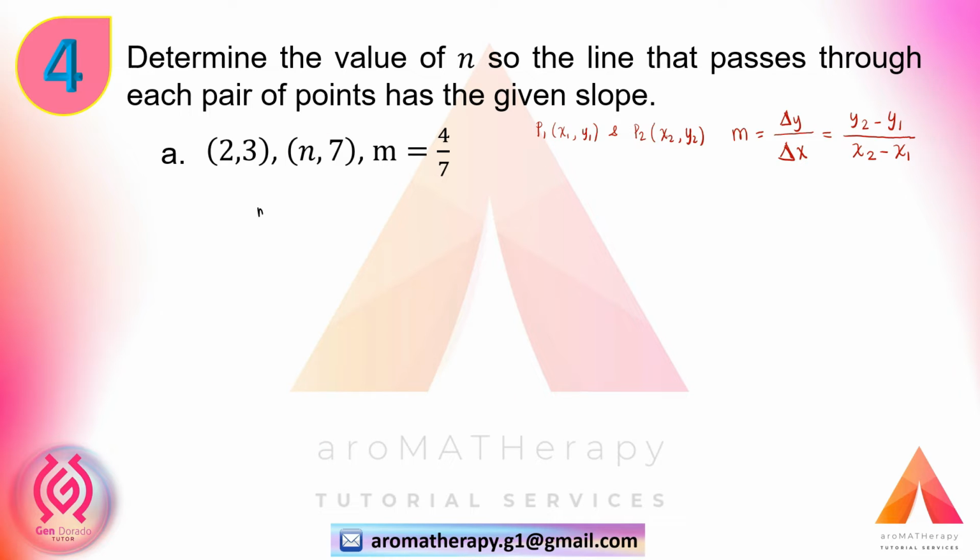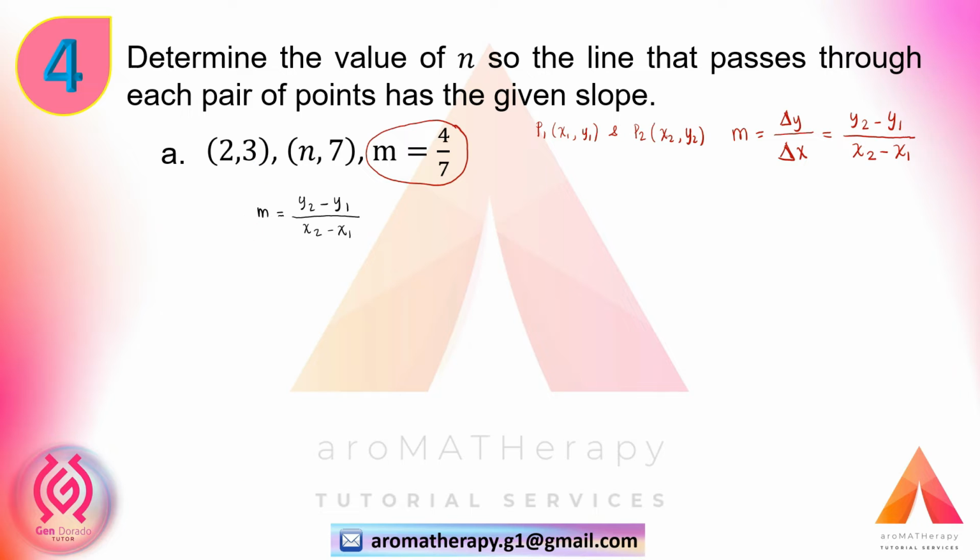So you write m is equal to y sub 2 minus y sub 1 over x sub 2 minus x sub 1. This is the value of our slope, 4/7. So, what you are going to do is to substitute 4/7 to m.